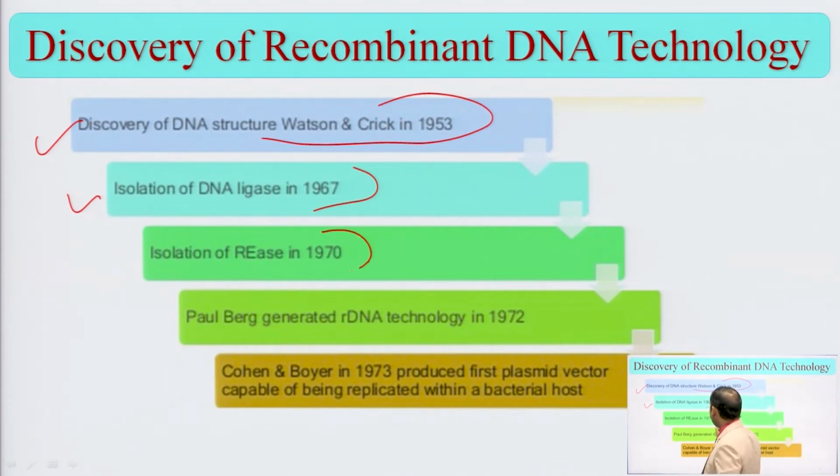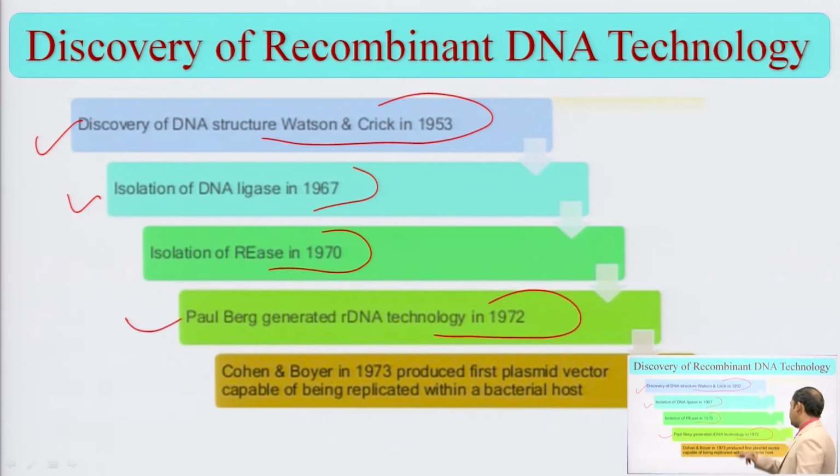Then isolation of restriction endonuclease happened in 1970. Then Paul Berg generated the recombinant DNA technology in 1972, and after that Cohen and Boyer in 1973 produced the first plasmid vector capable of being replicated within the bacterial host.